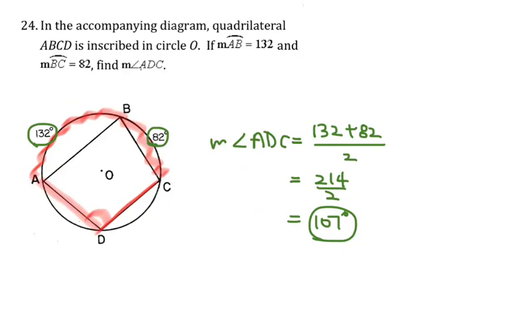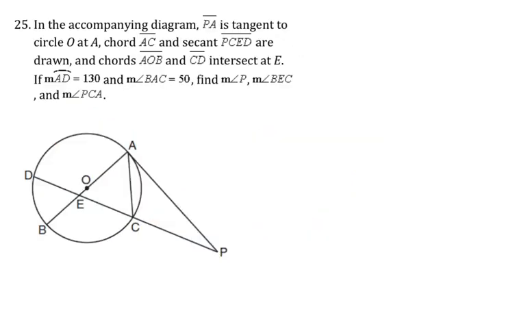Alright, number 25. Here we have the measure of arc AD is 130, and then angle BAC is equal to 50.